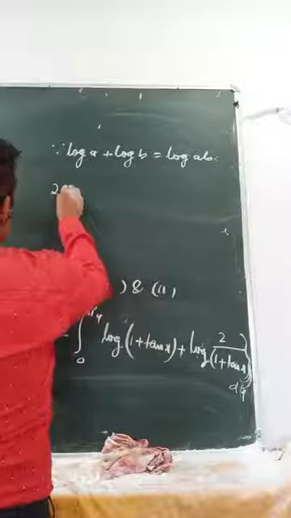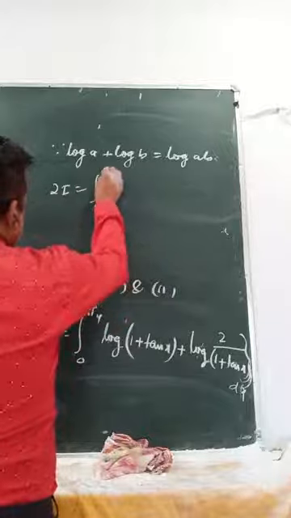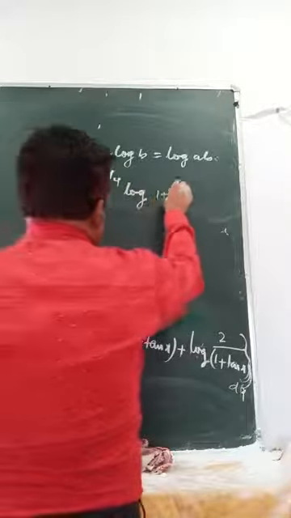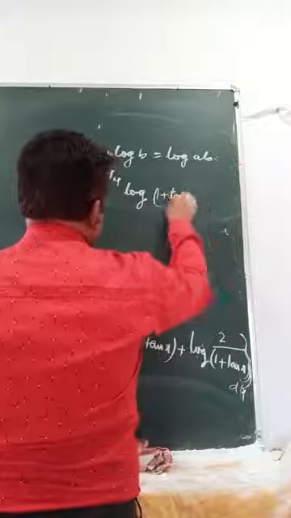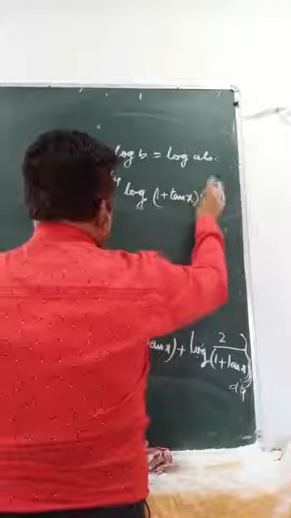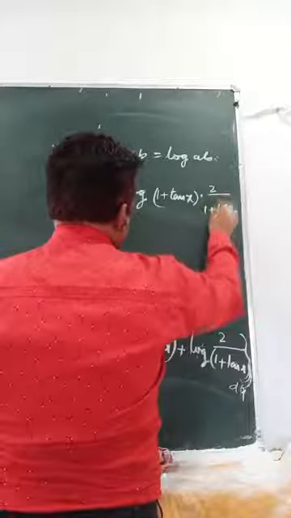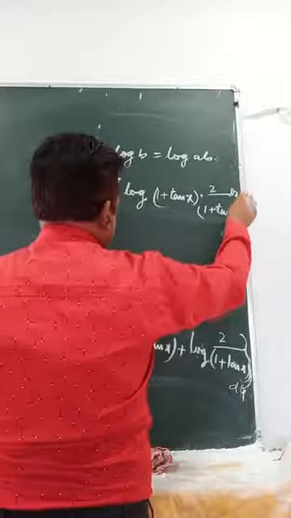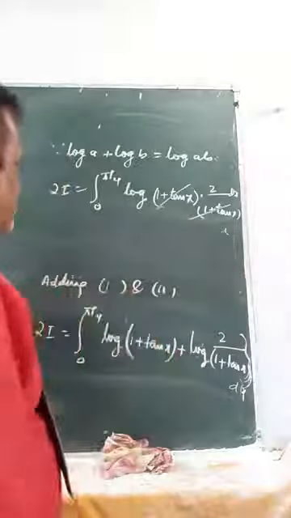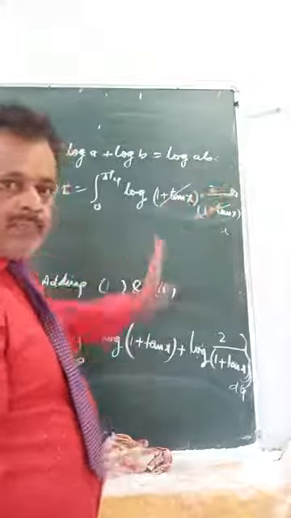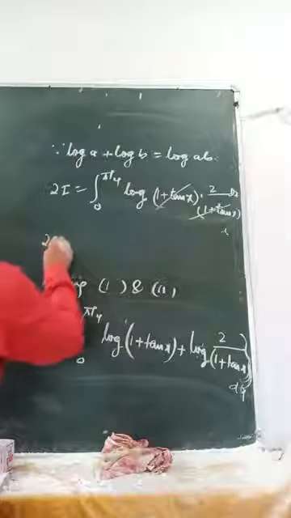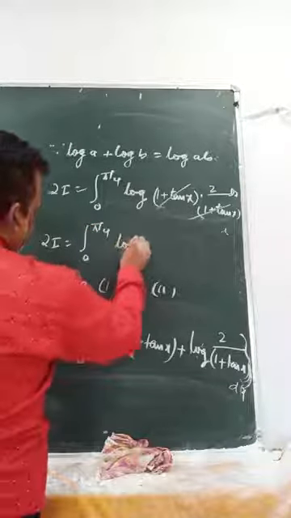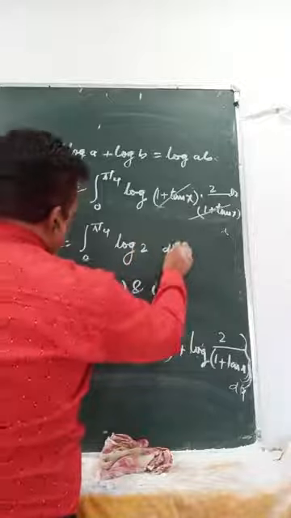So 2I equals integral 0 to pi by 4 log of 1 plus tan x into 2 by 1 plus tan x. This is cancelled. What did you get? Log 2 only. So 2I equals integral 0 to pi by 4 log 2 dx.